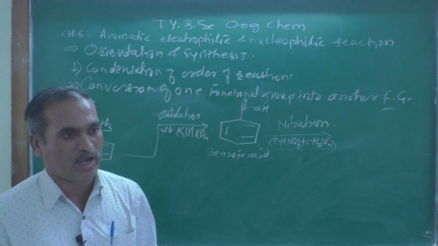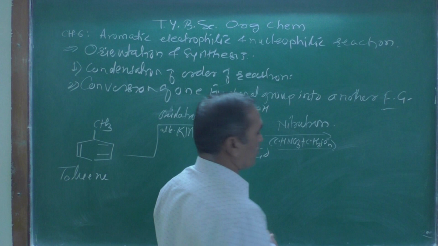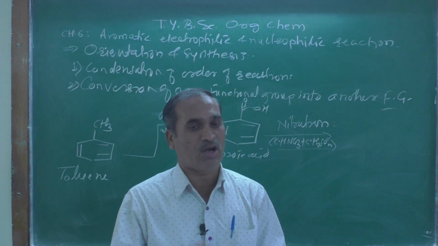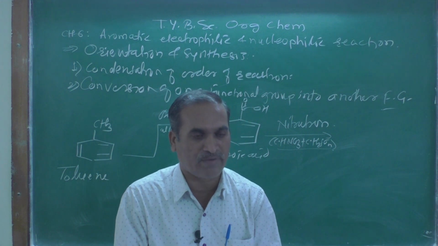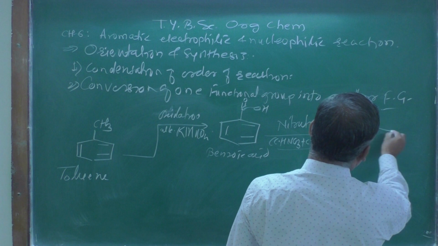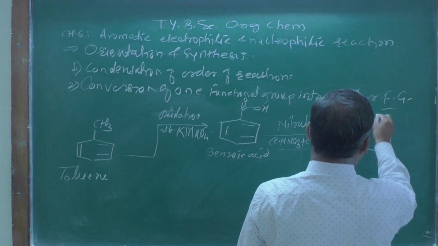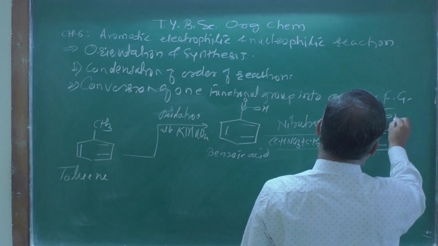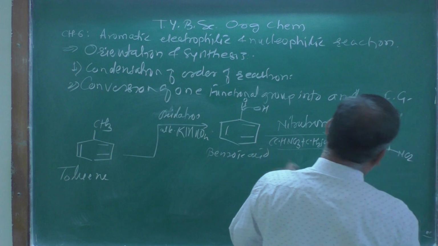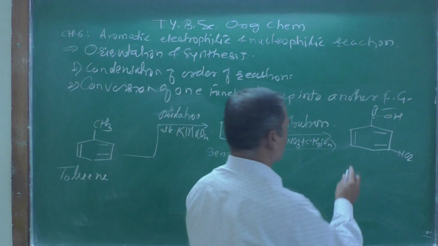Because the carboxylic group is an electron withdrawing group, the product is obtained as a meta product, as we know. And here you get C double bond OH, and at the meta position NO2, so you get meta-nitrobenzoic acid.